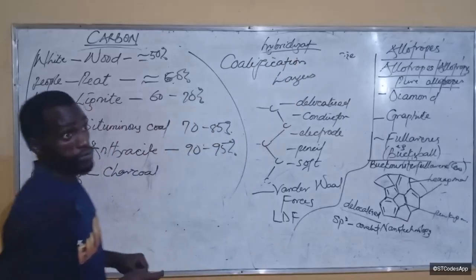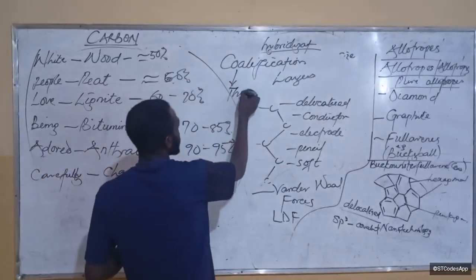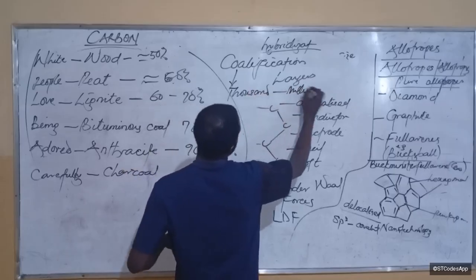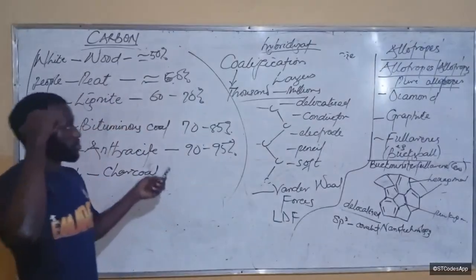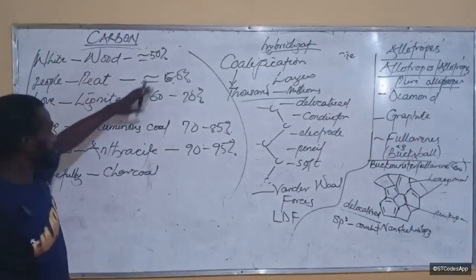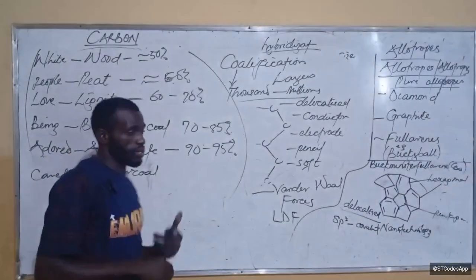Coalification occurs over thousands to millions of years. Exactly. So it takes a very long period of time.